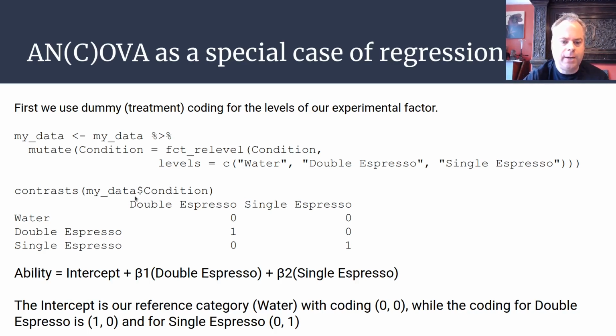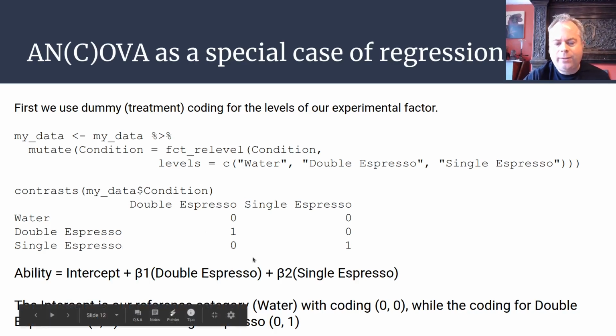So this notation here simply means taking our data frame my data, and then the dollar sign means the condition variable within that data frame. So we can ask for the contrast of our condition variable within our my data frame. And we're told that following this factor re-leveling, our water level of our factor is coded as 0, 0, our double espresso level is 1, 0, and our single espresso level as 0, 1.